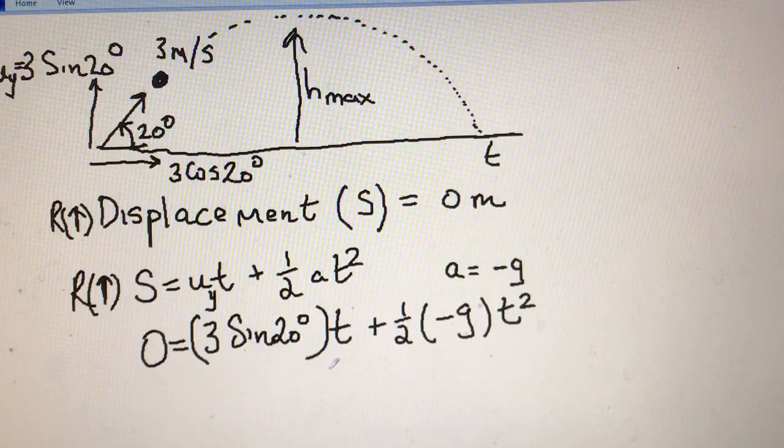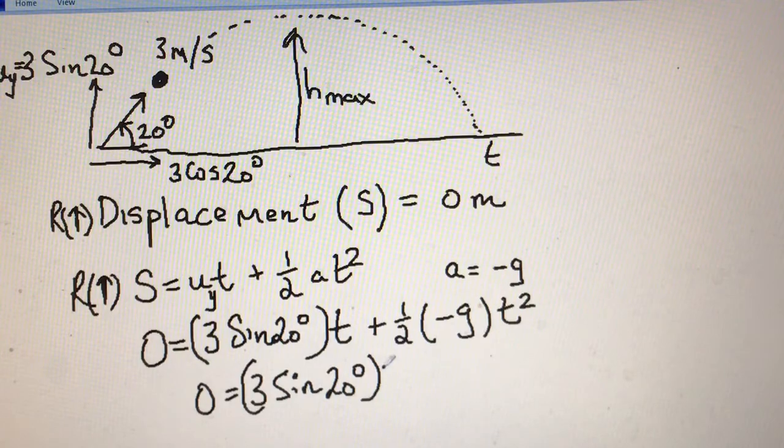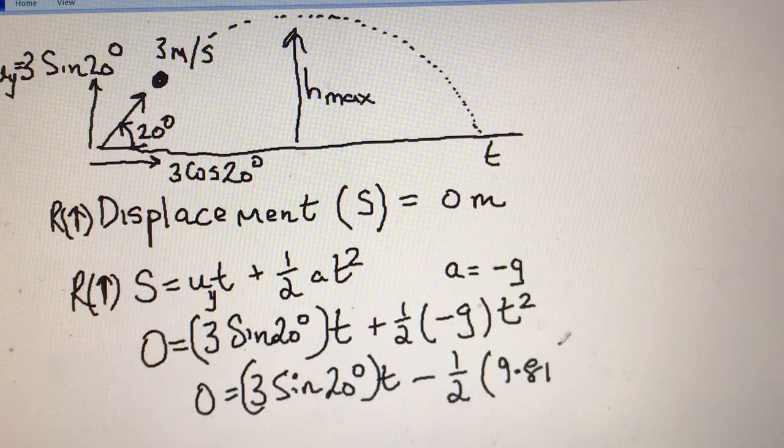The equation is 0 equals 3 sine 20 degrees times t, minus half times g, which is 9.81, multiplied by t squared.